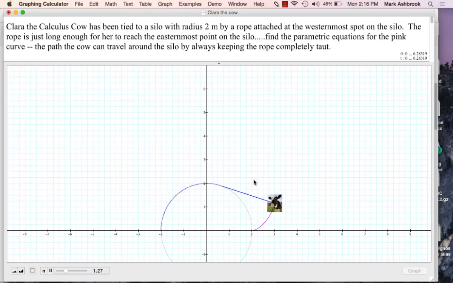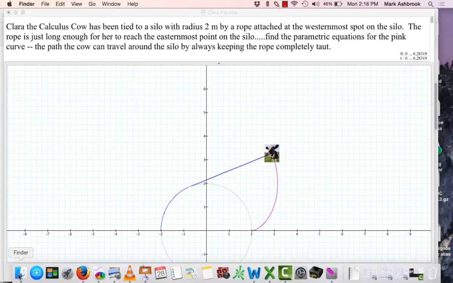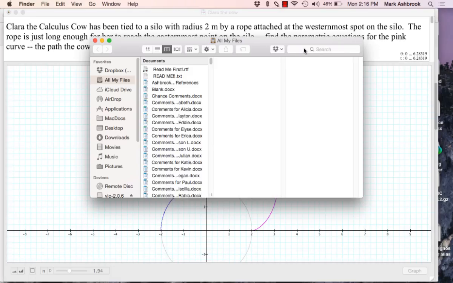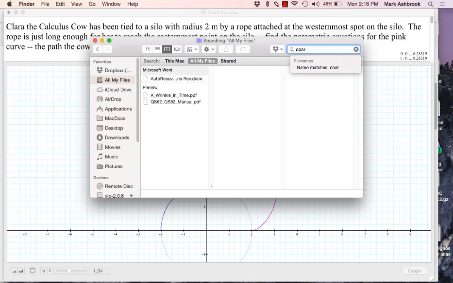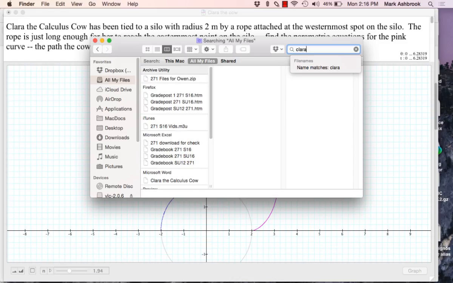Follow the instructions very carefully in the sheet as it's laid out. You don't want to go on to the next question unless you're 100% confident on what you've done so far.